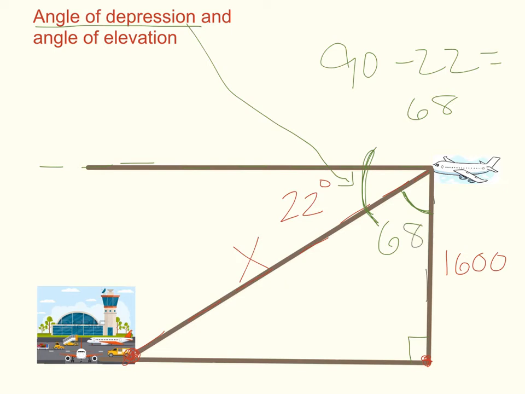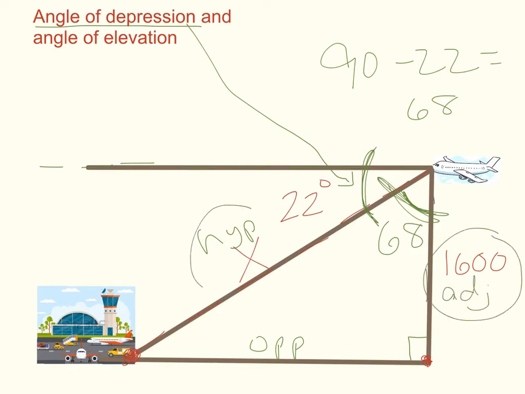So now we're going to go to that sine, cosine, tangent thing we've been doing, where I've got a 68 degree angle. The opposite to that 68 is over here. I know what the hypotenuse is. It's this line right here, the longest line, leaving this for adjacent. And the two values are adjacent and hypotenuse.